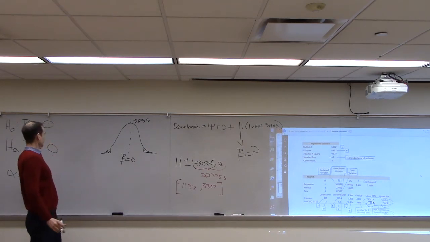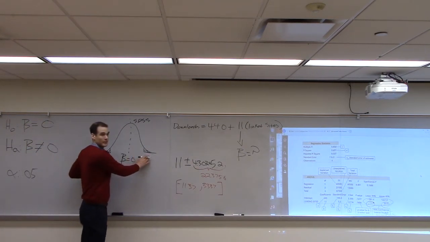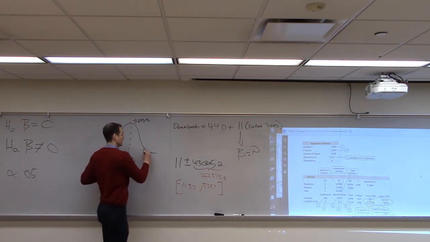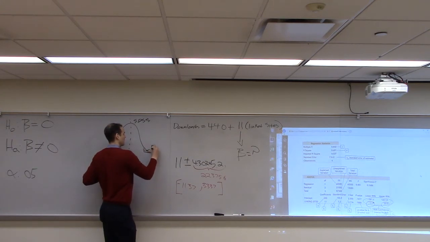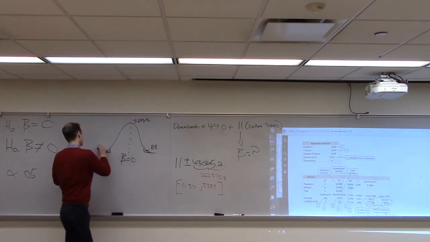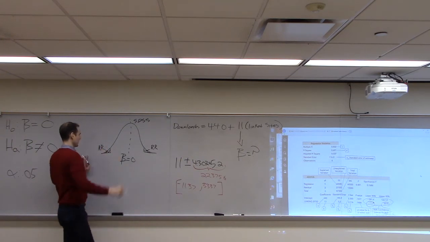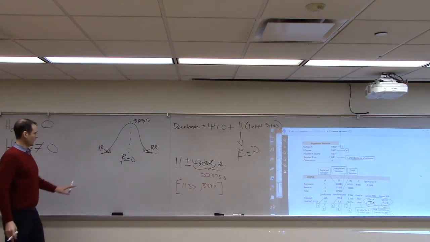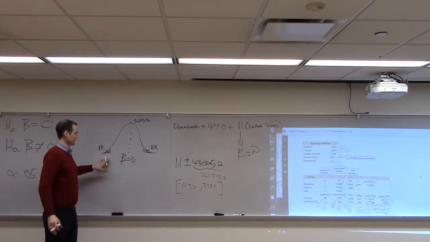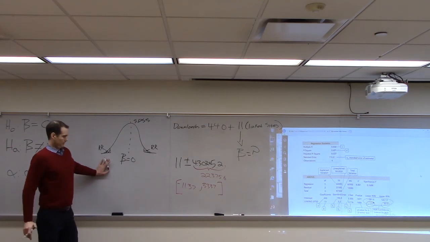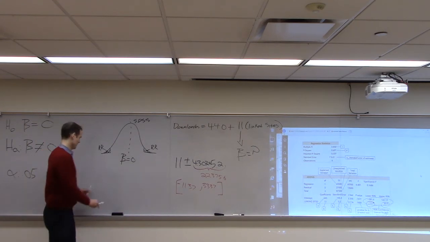If our significance level is 5%, how much area is in each of these tails? 2.5% in the upper rejection region and in the lower rejection region. Yep. What are our critical values there? 4.30. Yeah, we're going to use critical values on a t-distribution with n-2 degrees of freedom.